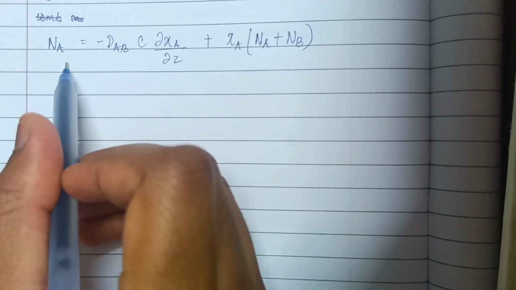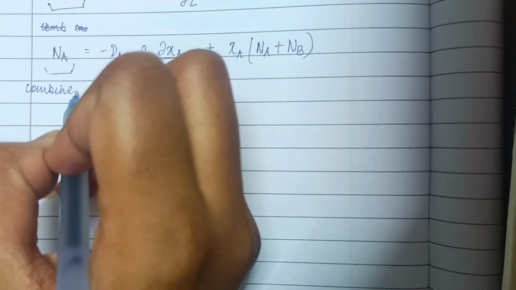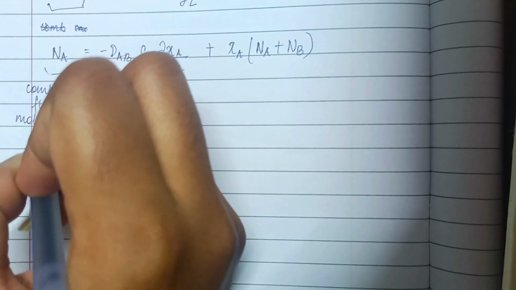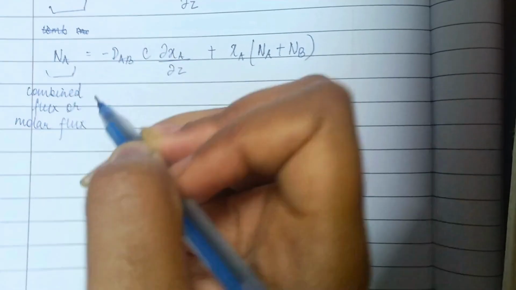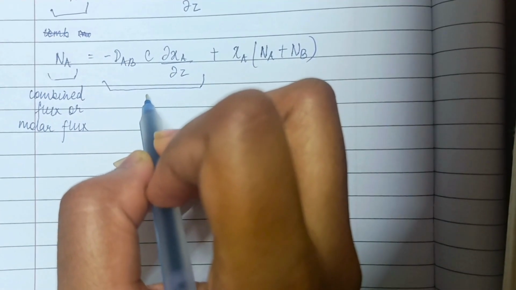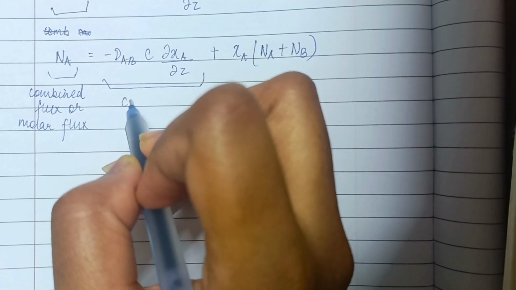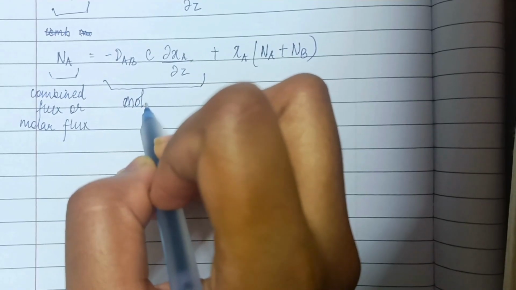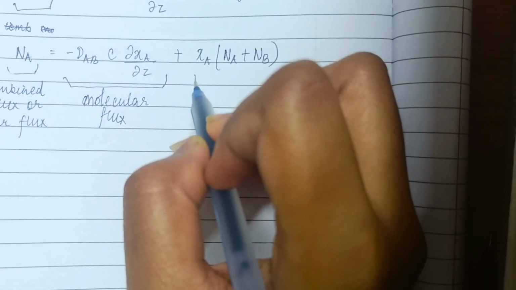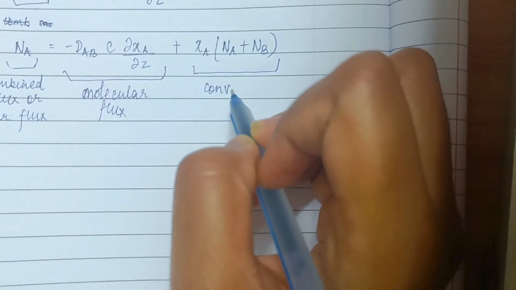So the NA term is the combined flux or molar flux. The minus DAB into C into dXA by dZ is the molecular flux, and XA into NA plus NB is the convective flux.